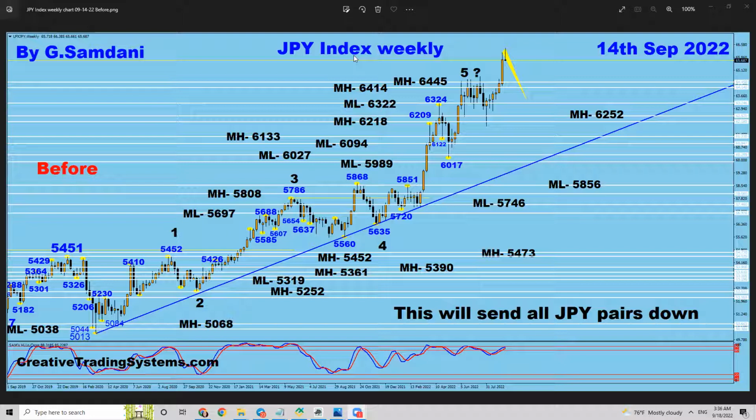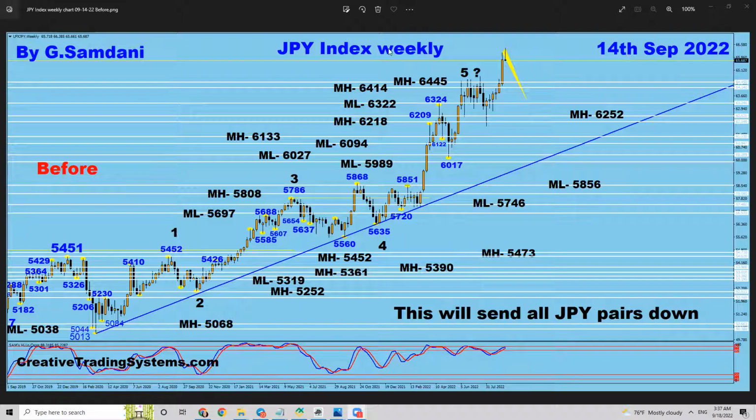Like Swiss yen and Kiwi yen, I don't trade those, but most of them I do. They all move in the same direction when the yen index is moving up or down. So here's how you can use that to analyze the yen index and then take the trades. Very easy and very lucrative. Let me show it to you.